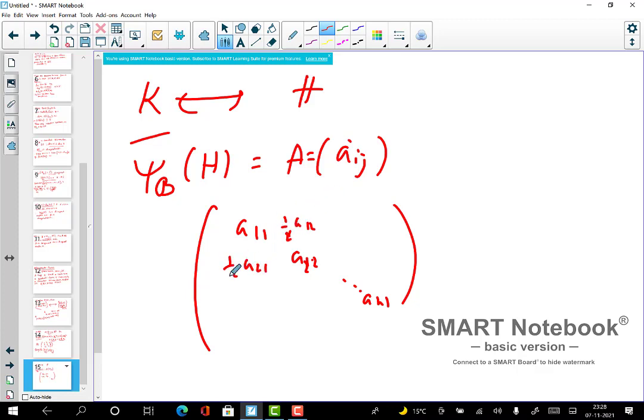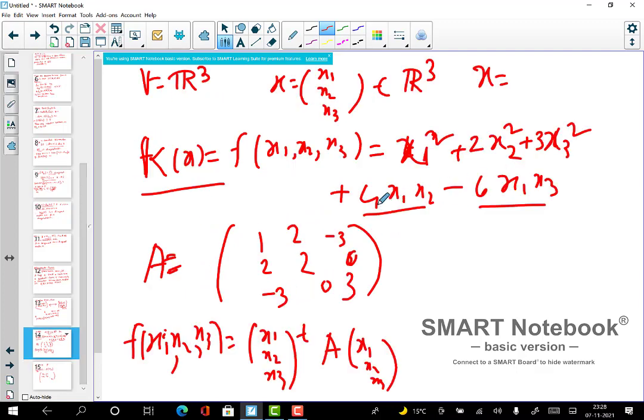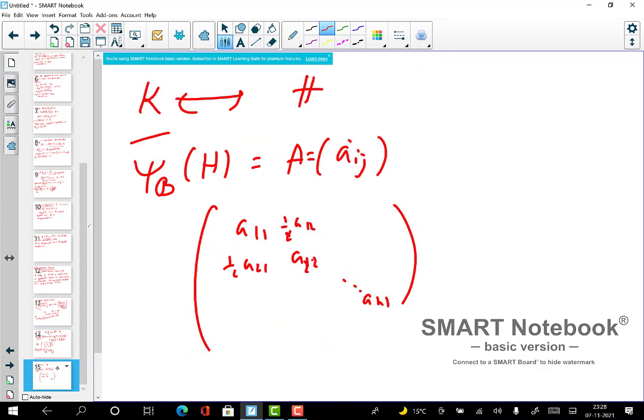When you multiply, you will have the full value. That is why I wrote this matrix, where the 1st row, 2nd column entry is half of that. So this is the way to find the matrix of a quadratic form.